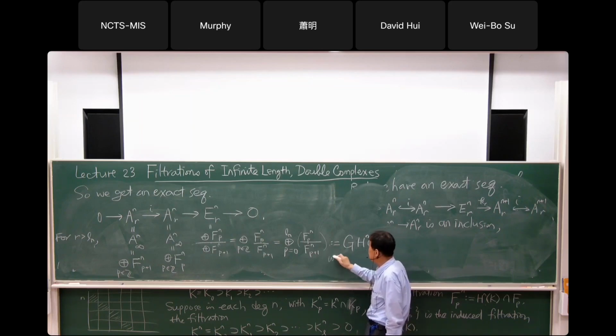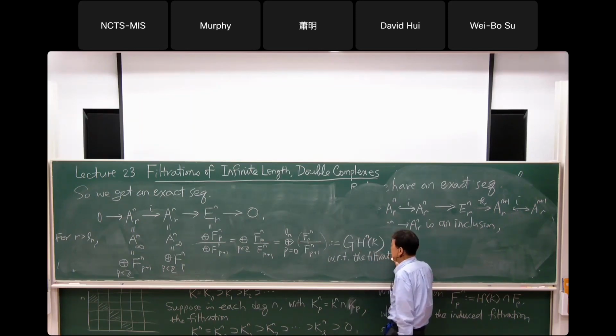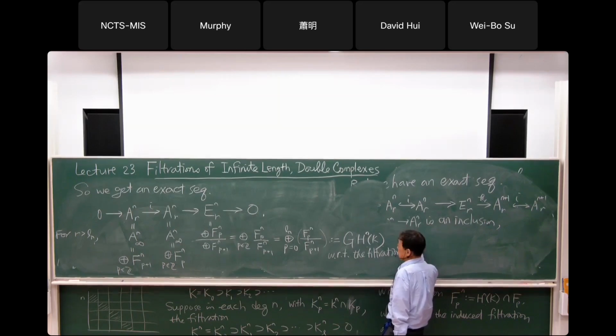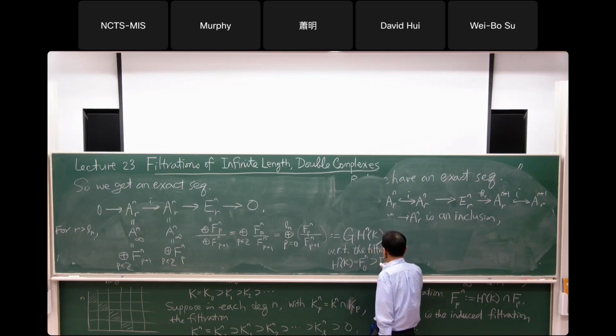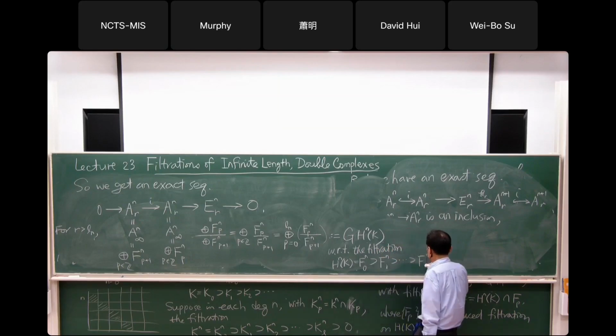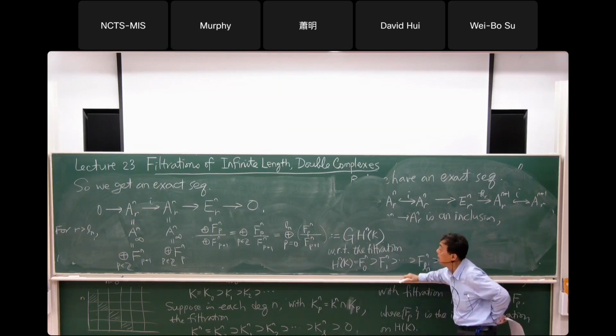And it's with respect to the filtration of H^n(K), which is F^0, and then F^1 H^n, and so on.